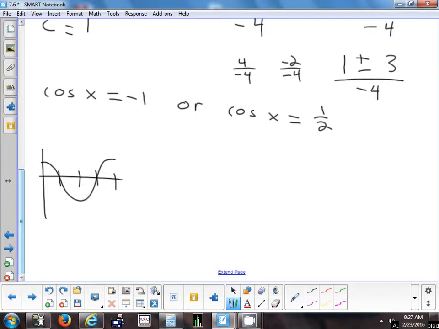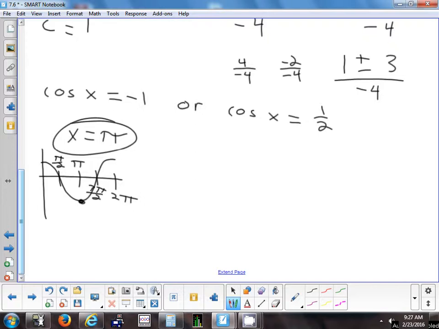At 90, it hits 0. 270, it's also 0. 180, and in radians, that would be pi. So that is one answer. Okay, and it's the only answer we get from this part of the equation. It hits -1 right here. This is pi over 2, pi, 3 pi over 2, 2 pi.